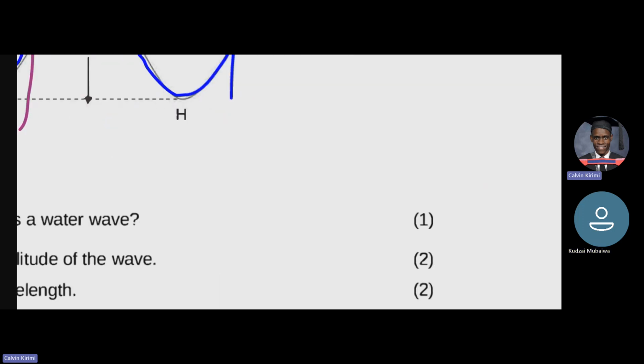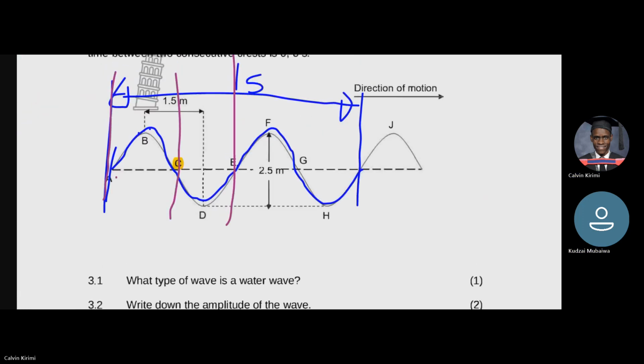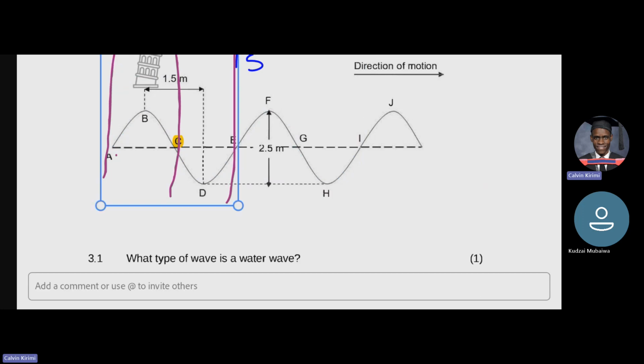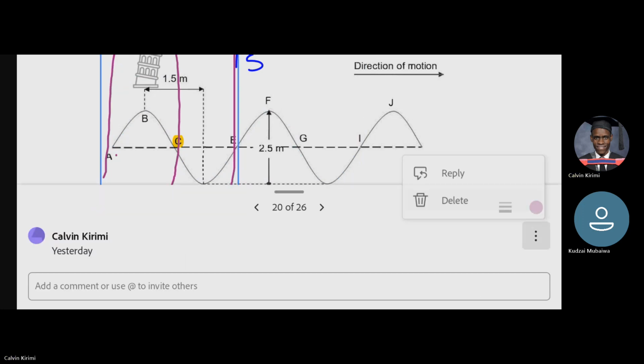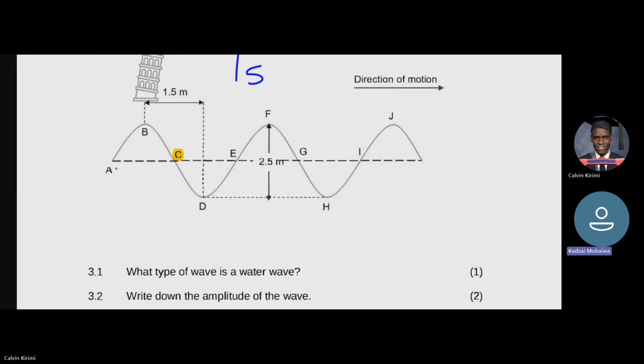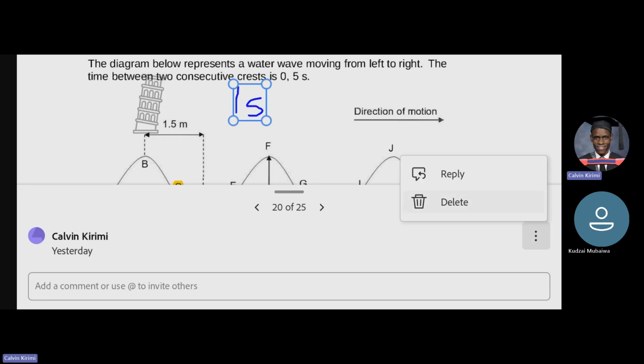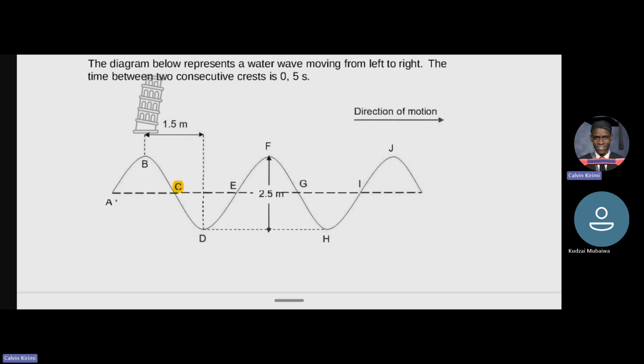And what was the frequency? The one which you just calculated now. Frequency, we know. How many cycles per second did we calculate? Didn't we get 2 complete waves in 1 second?